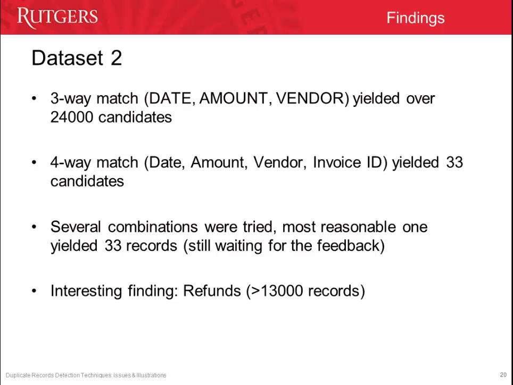Here also we came across another interesting finding, where over 13,000 records from those 47,000 records were customer refunds. And we gave this information to the company because that could either indicate a problem with their business model, or it could have indicated some kind of foul play or fraud.